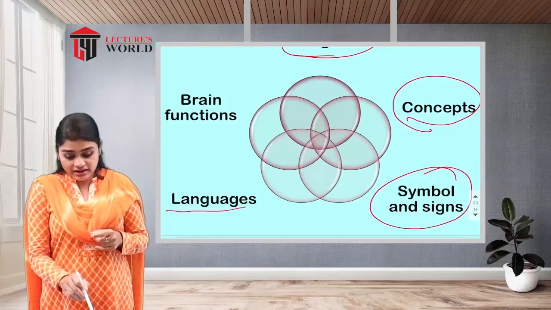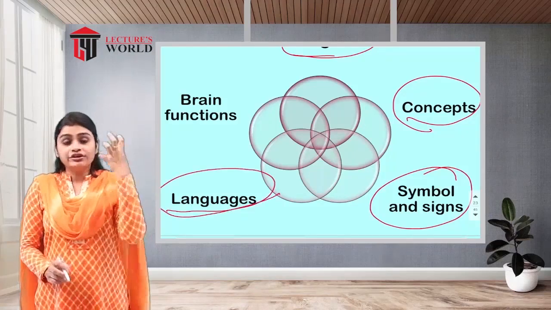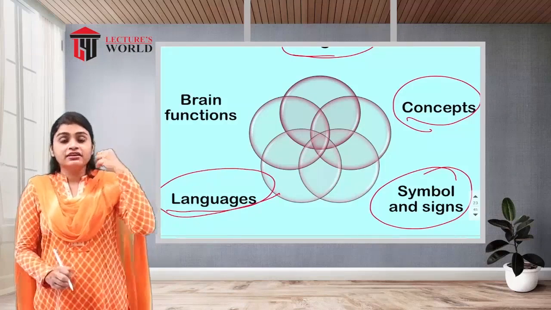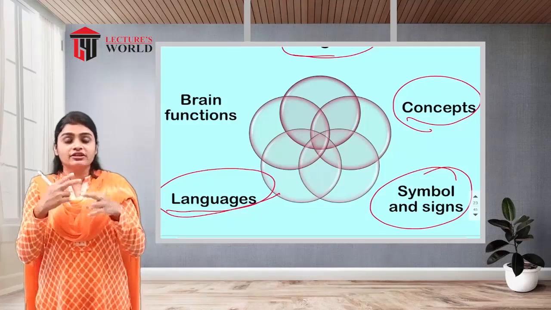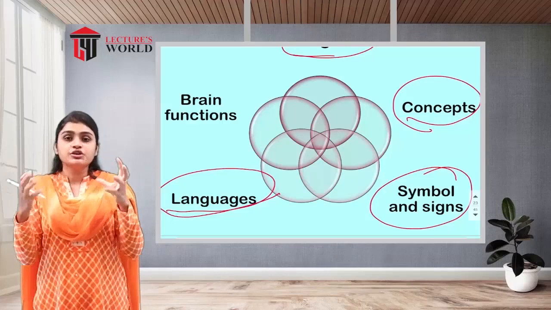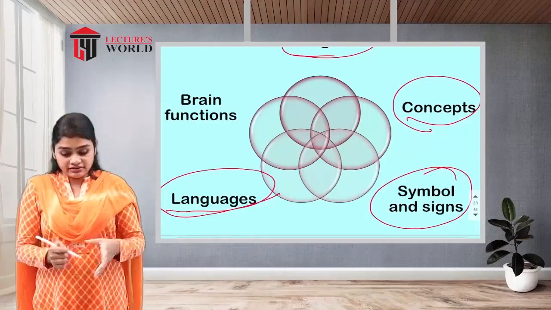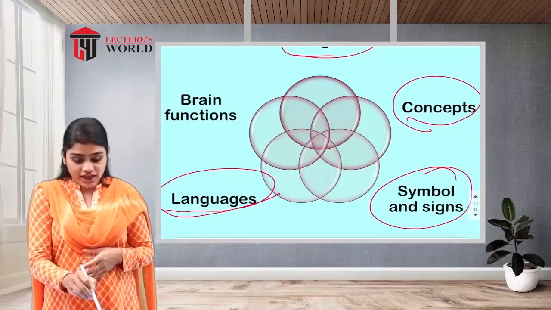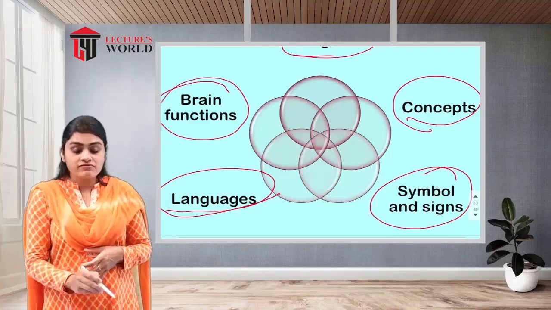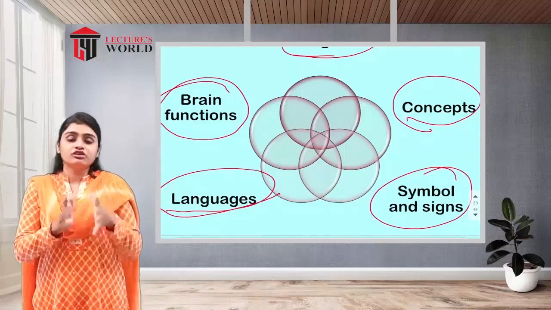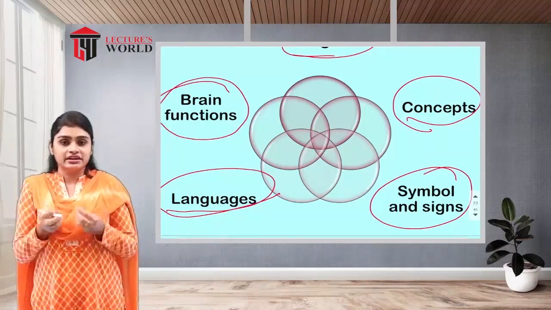After that, languages. That means whatever we are thinking is going to be verbalized, or exhibited in some way with the use of language. So that is languages. And brain functions. Brain functions in the sense of interpretation of information inside our brain.